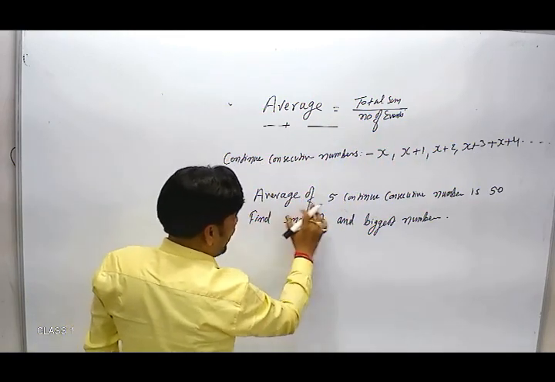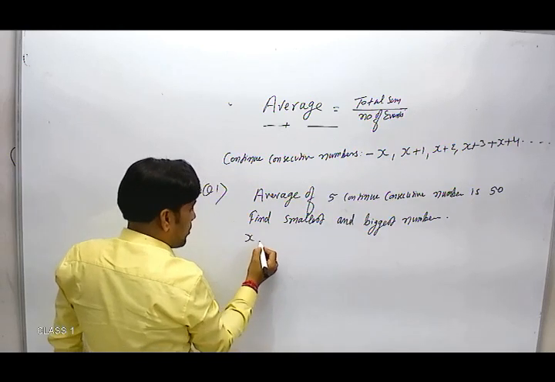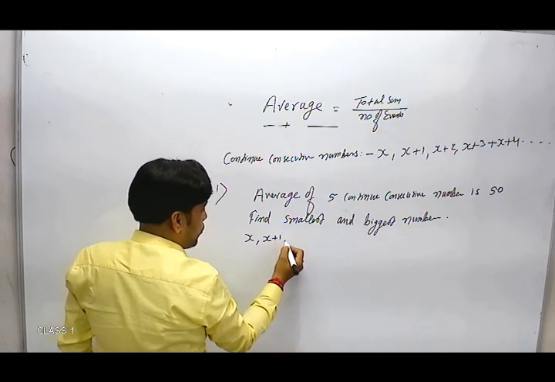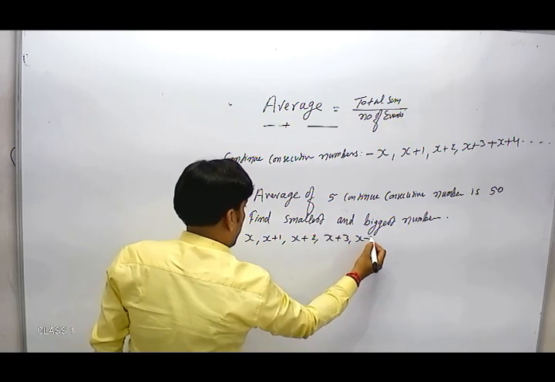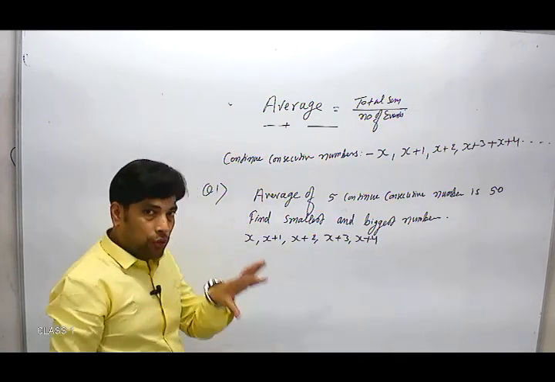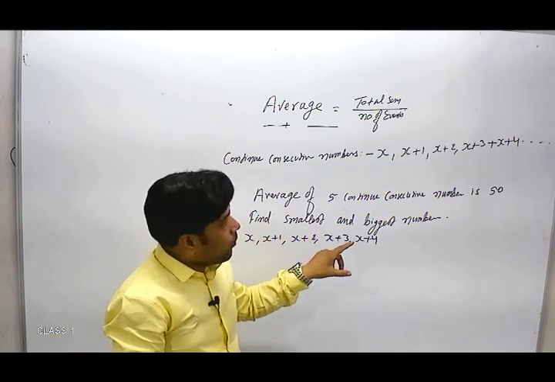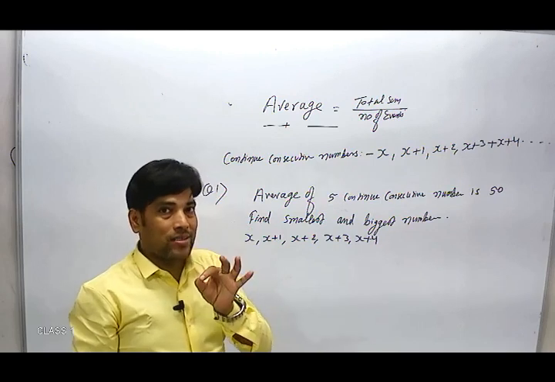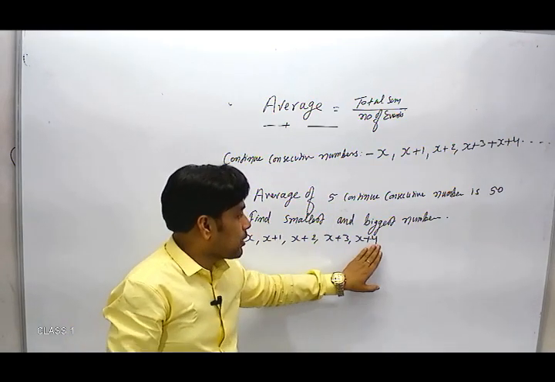Let's see, you have to write 5 continue consecutive numbers. How could you start? 1 is x, x plus 1, 2 is x plus 2, 3 is x plus 3, x plus 4. It means when you have to write continue consecutive numbers, you have to start from x and go with one number less, like for 5 continue consecutive numbers, you have to write x plus 4 maximum.